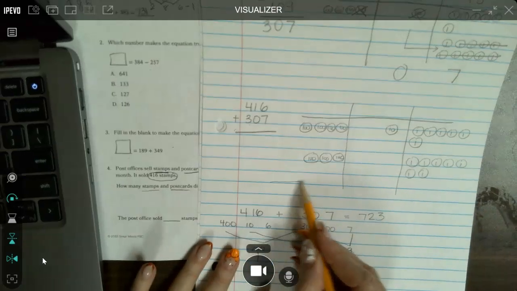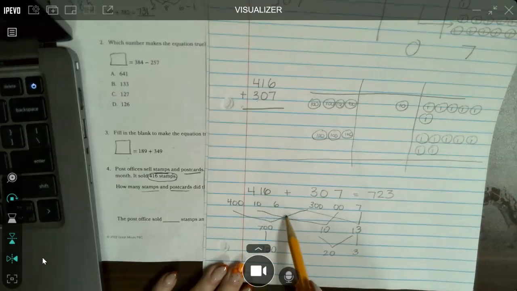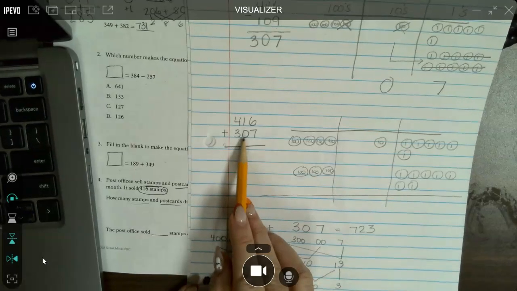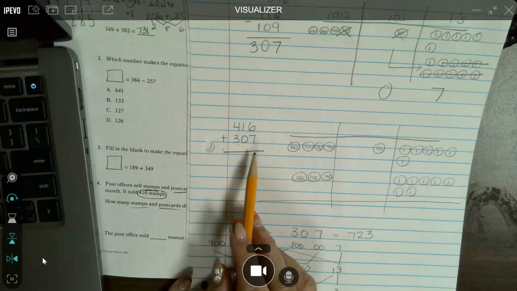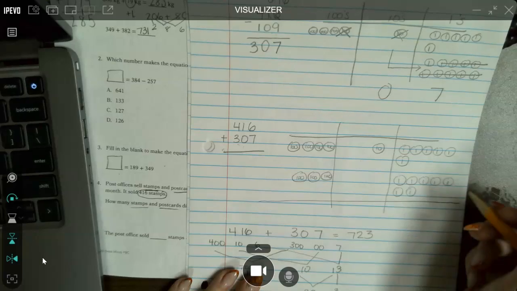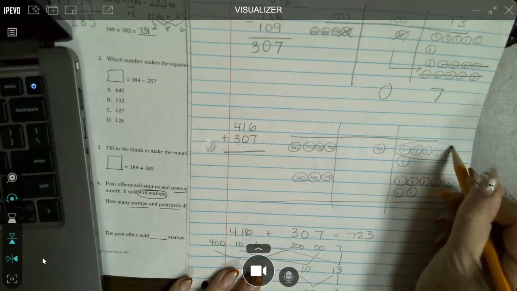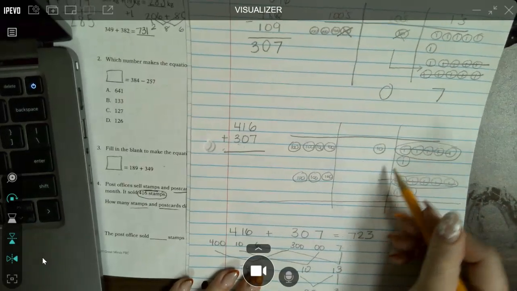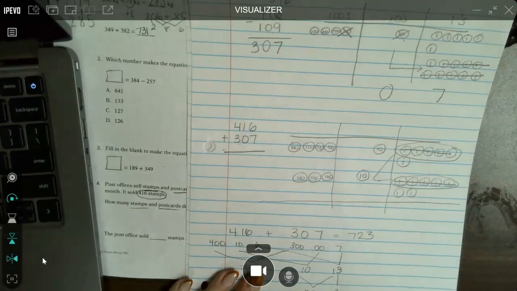Here is where you can either do the entire total and then add those totals together, or if you want to do it more like this traditional algorithm, you're going to bundle every time you get 10, or you're going to carry the 10 into the correct category. Here we clearly have 5 here and 5 here that make 10 together. So we're going to give ourselves an extra 10.